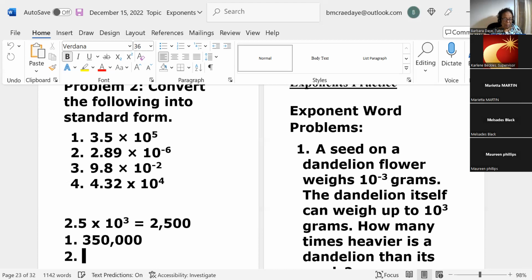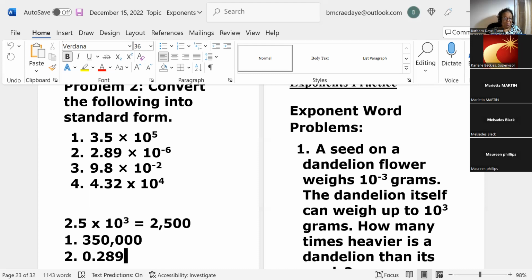What would that be? 2.89 times 10 to the minus 6. Now you know that's a decimal number, right? So let's just put our 289. How many zeros? You have 6 zeros.